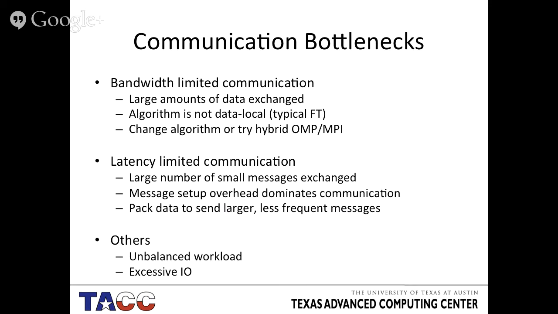This is a problem that is very hard to fix because you're already achieving the highest MPI bandwidth possible. So to improve your communication, you need to find a way to reduce the data exchange, and that might mean taking your code into a hybrid implementation where you use OpenMP in the node and then MPI across, or changing your algorithm completely. And sometimes that's not feasible. So if you have bandwidth limited communication, you're already doing pretty good.